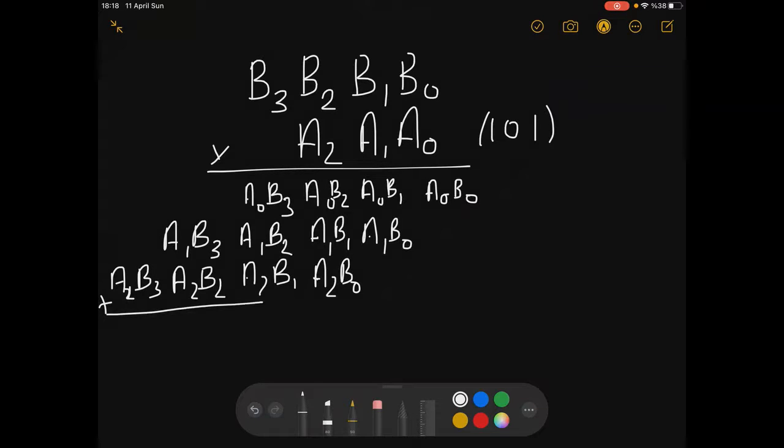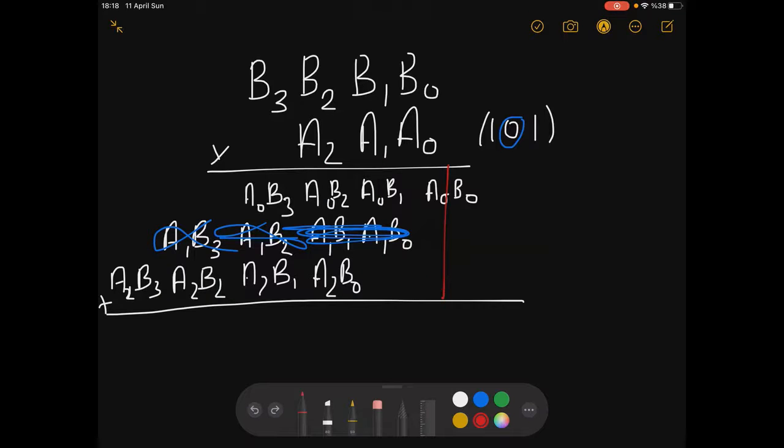Finally, we add them all together, right? But we should keep in mind that this one is 0 and these all will be 0, right? So we don't have them. And when we make the multiplication and additions in this manner, let's see what happens.